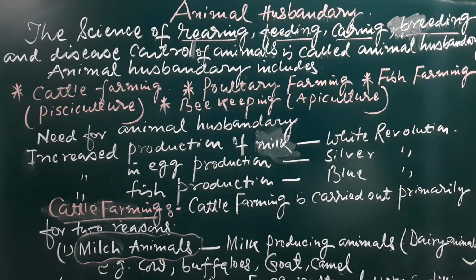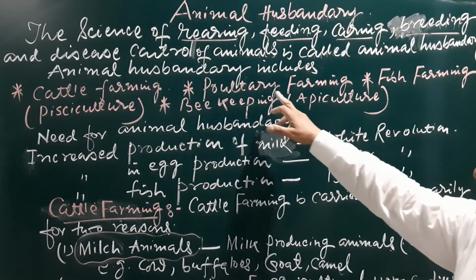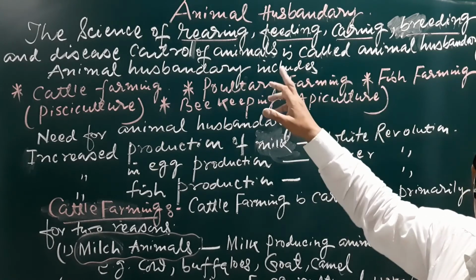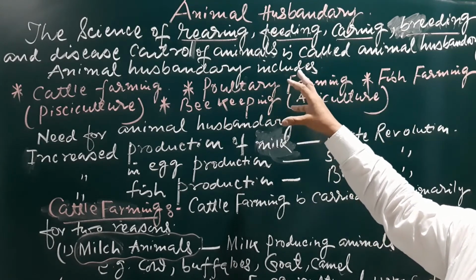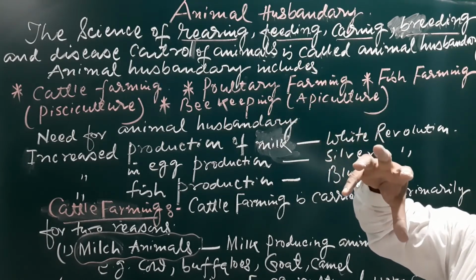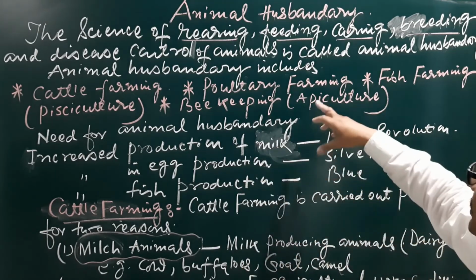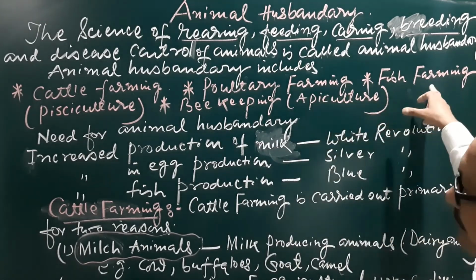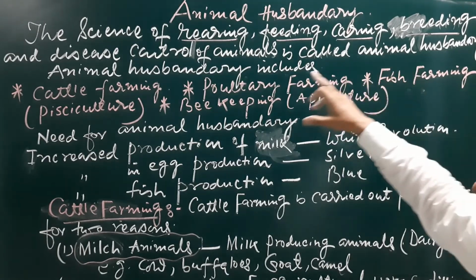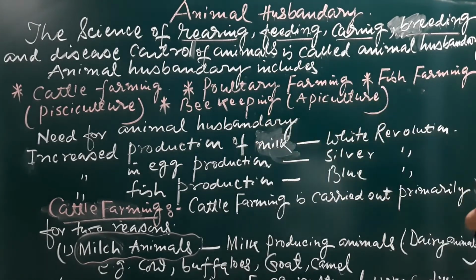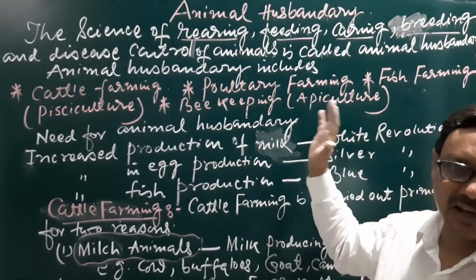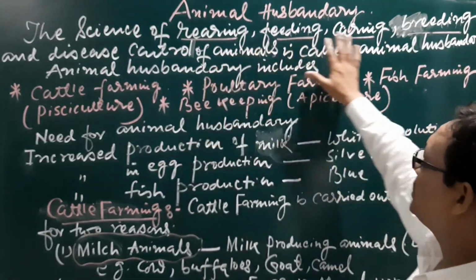And poultry farming, where we can study different aspects of the chicken, egg laying and meat producing, and fish farming, that is pisciculture, and beekeeping, that is apiculture. All are included under animal husbandry. Animal husbandry is not a single field. It includes all the fields.